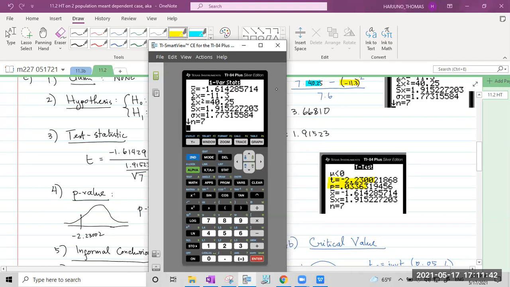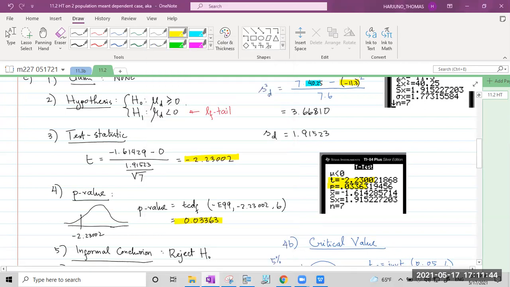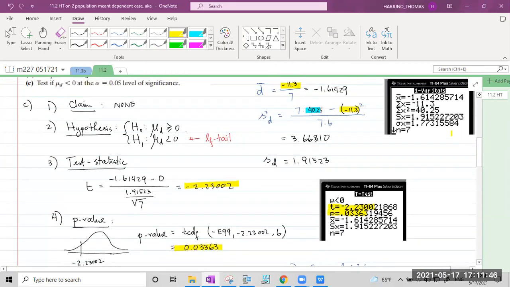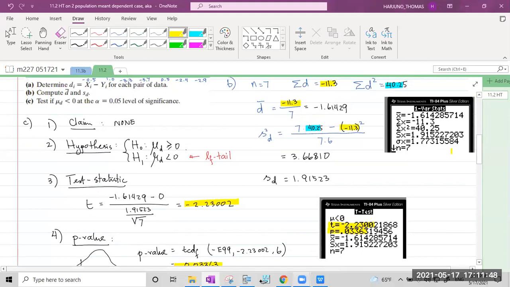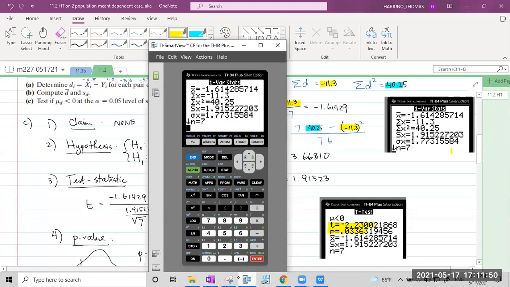So that's the one we have here. I hope now you know why your calculator, if you buy the handheld, the actual calculator, costs so much. It's because of this. They program a lot of things in there.